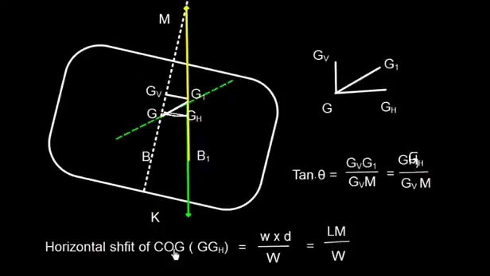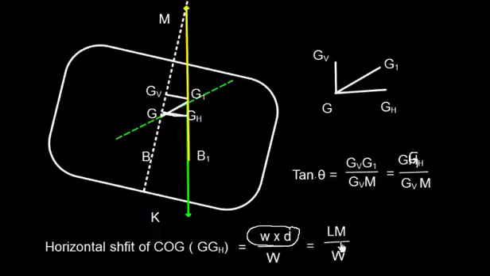Well, the horizontal shift of center of gravity in this direction, G to GH, can be calculated with this formula: W into D divided by capital W, and this W into D is nothing but the list moment.